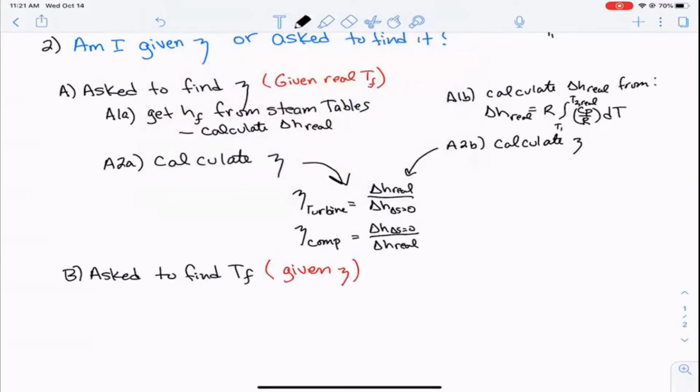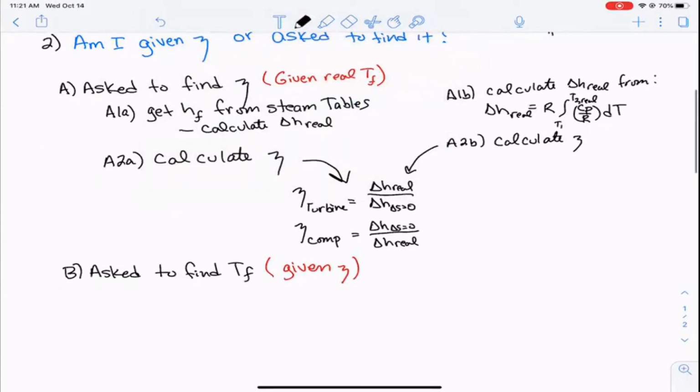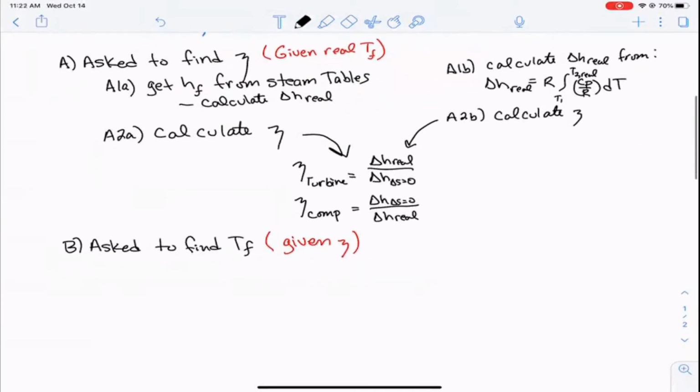And when that happens, we also have two pathways, depending on whether it's the steam tables or whether it's another gas. So if you're using the steam tables, really the first step, right, which we'll call B1A, is to find delta H real from one of the equations above.